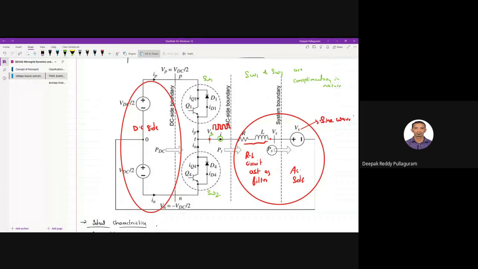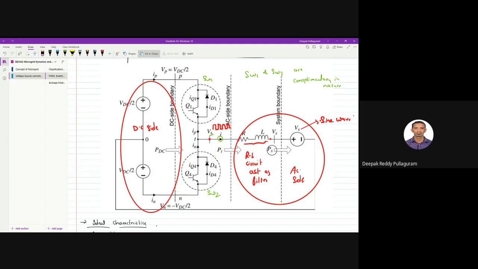The current also can't go through Q4 in reverse. So to keep it positive, the only way the current can flow here is through diode D4, isn't it?